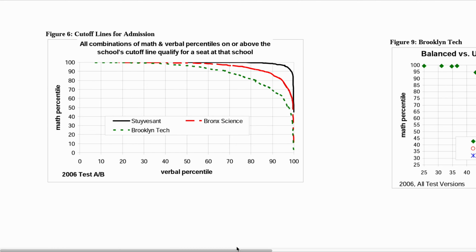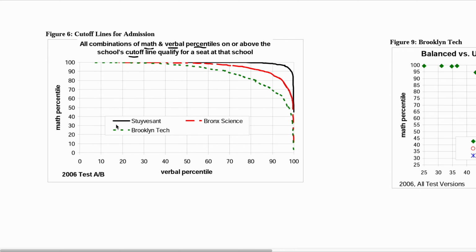And so these next two figures sort of drive home the point that doing excellently in one part and doing mediocre in another part is better than doing equally good in both parts. So these lines show all combinations of math and verbal percentiles that satisfy the school's cutoff.